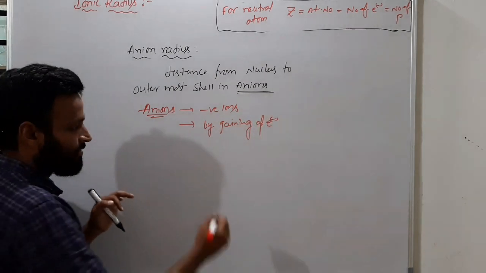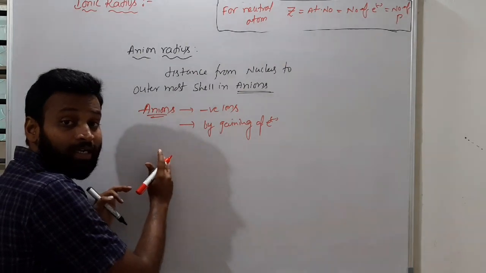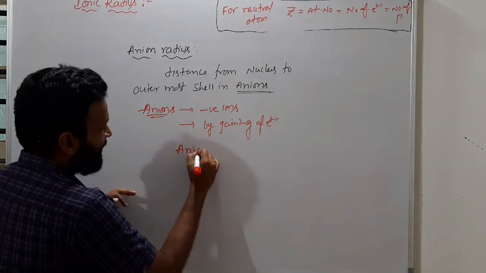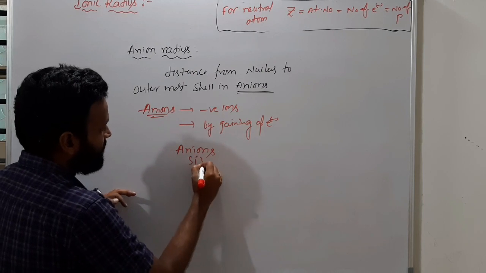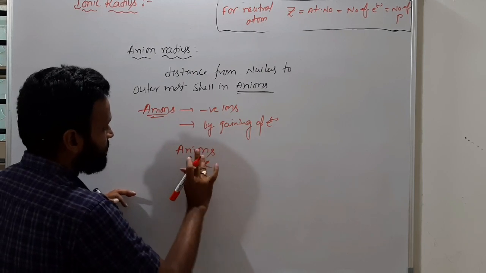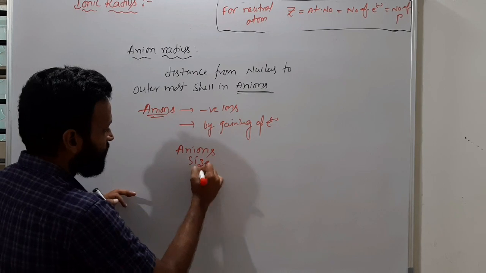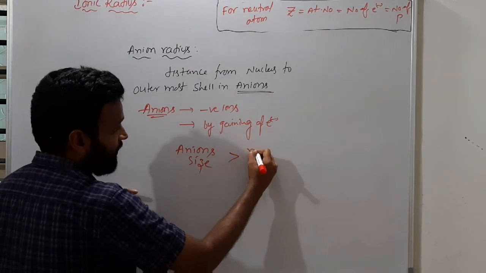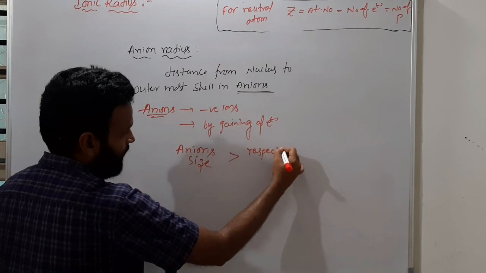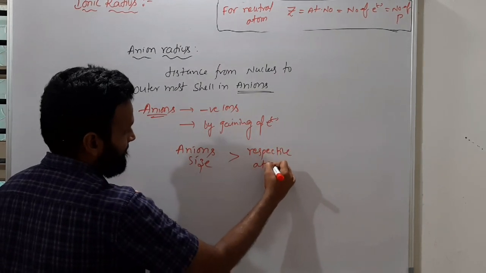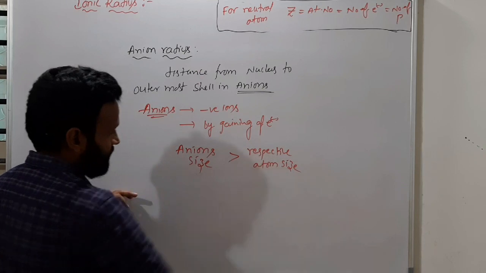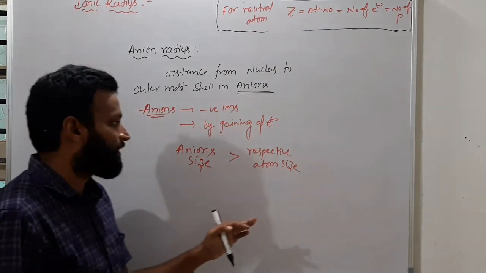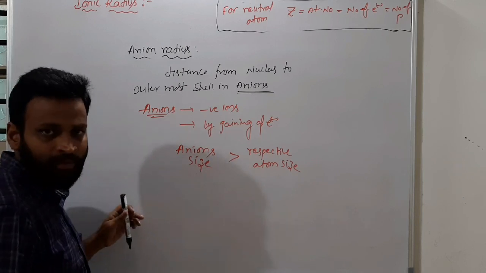Cations have a smaller radius than their corresponding atoms, I told you. But anion size is always greater than their respective atomic size.